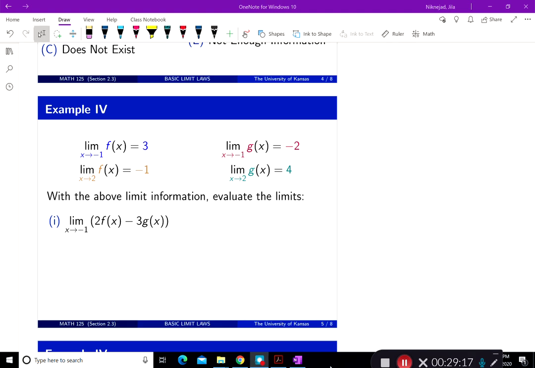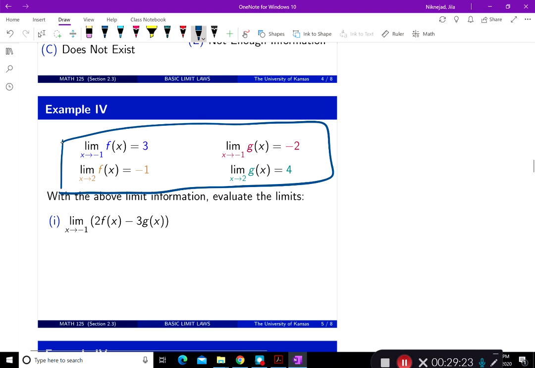So here you see that this part is given. This is the local information, and it's all the information that I have about the function. And we're trying to use that information to calculate this limit down here.